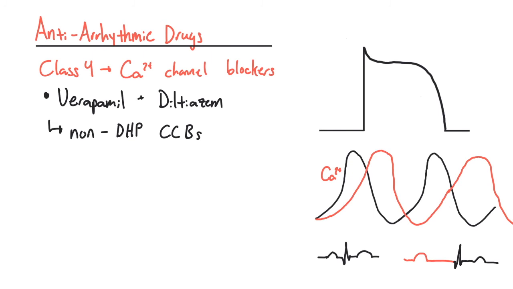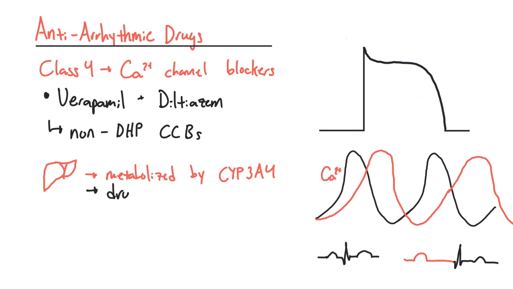Both medications are metabolized by cytochrome P450-3A4, CYP3A4, and thus both drugs do have drug interactions. We will not discuss specific drug interactions, but make sure if you see verapamil or diltiazem on a patient's medication list, you are checking for drug interactions, especially because of this CYP3A4 metabolism.